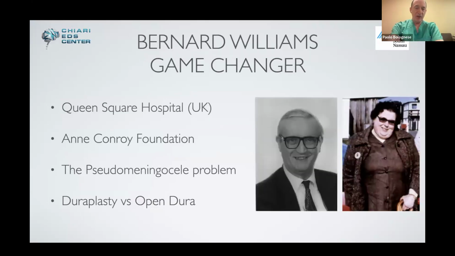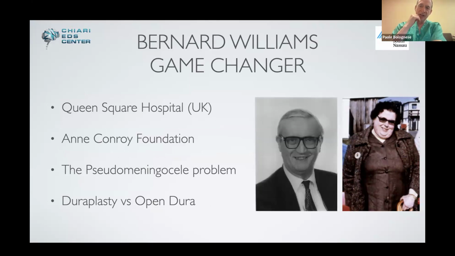The first game changer in the management of this disorder was a very brilliant British neurosurgeon called Bernard Williams. He started developing a focus on this disorder, and he started having a systematic approach, both to the understanding, the clinical analysis, and mainly the surgical management.